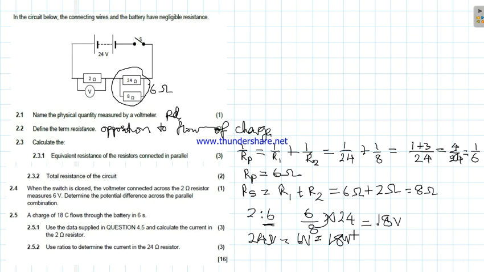Okay, then the next question says a charge of 18 coulombs flows through the battery in 6 seconds. Use this data supplied in question 4 to calculate the current in the 2 ohm resistor. So the data we've been given can be used to calculate the current. We know that current is the rate of flow of charge.